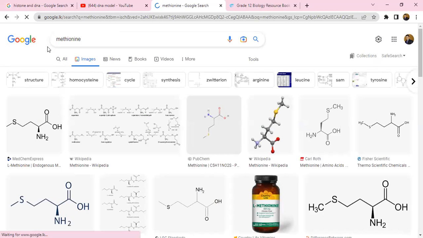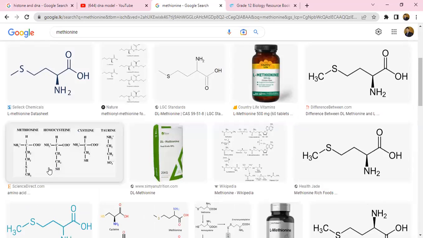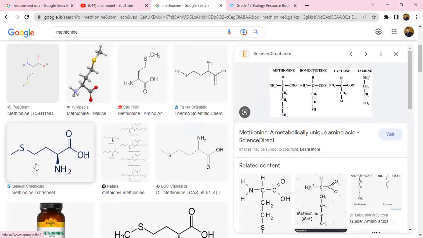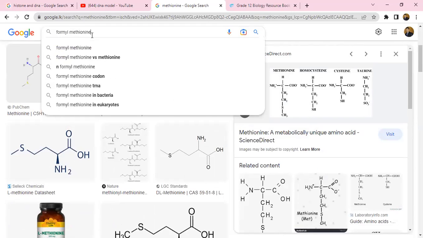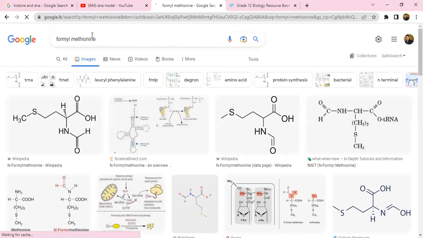Methionine is the starting amino acid most of the time. But in domain bacteria, instead of methionine, there is a small corrected methionine called by what name? Formyl methionine. It's a small correction. Understood?